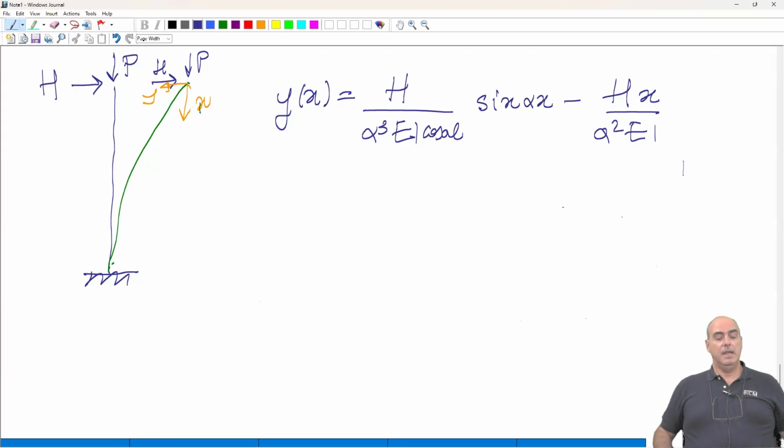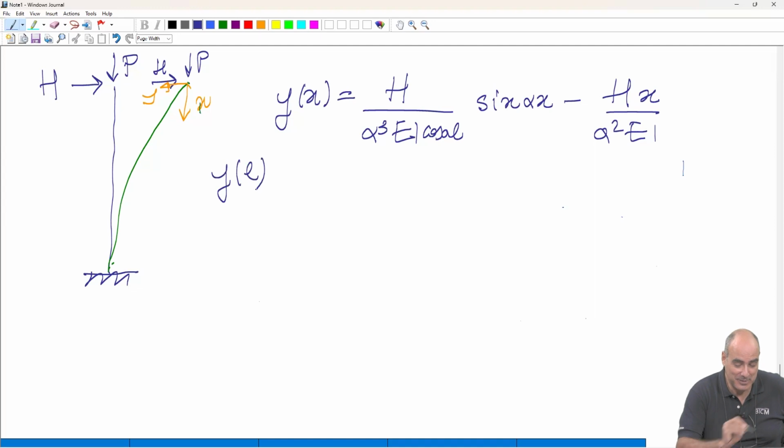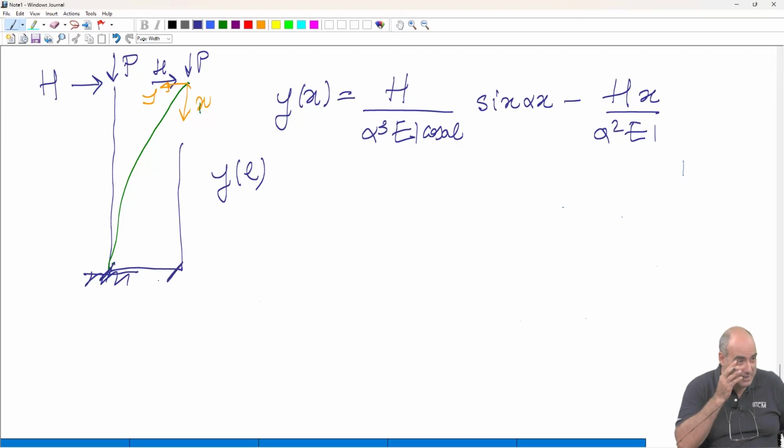Now, if I want to calculate the displacement at the top, what should I calculate here? Well, I should calculate y in L, because it's this one which will be the actual displacement.